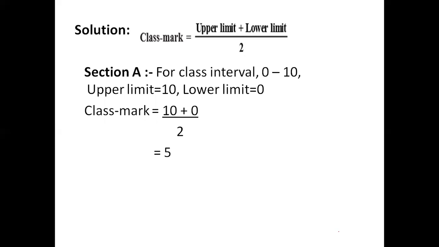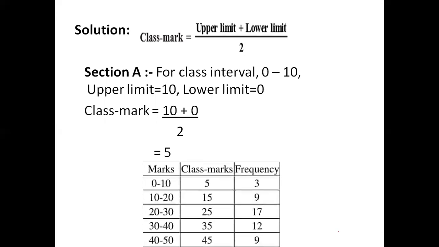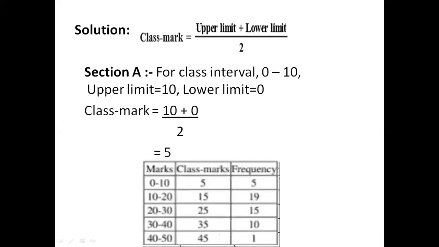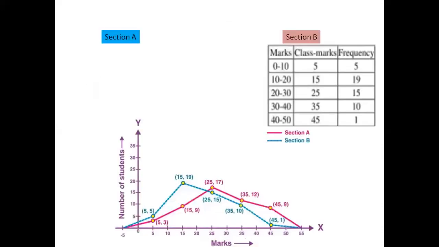So in this way, I will proceed and I will get a table where I have the class marks as 5, 15, 25, 35 and 45. The same way I will do for section B, and I will get the same class marks because the marks obtained are in the same range. The frequency is different. Now with the help of this chart, I will construct the graph.